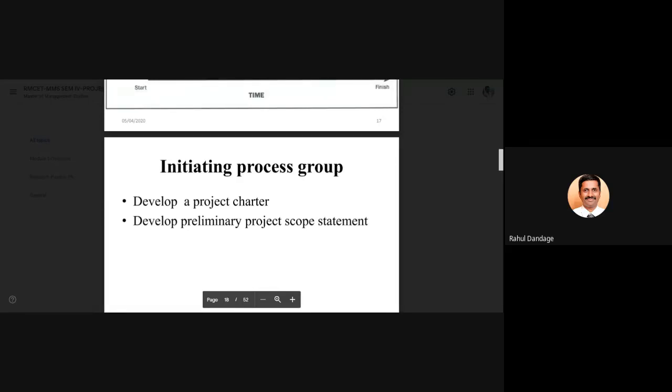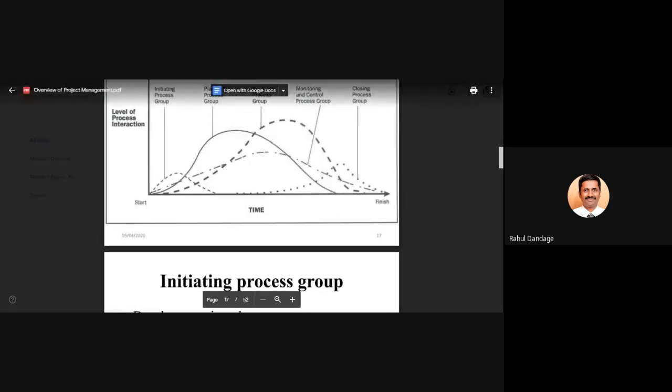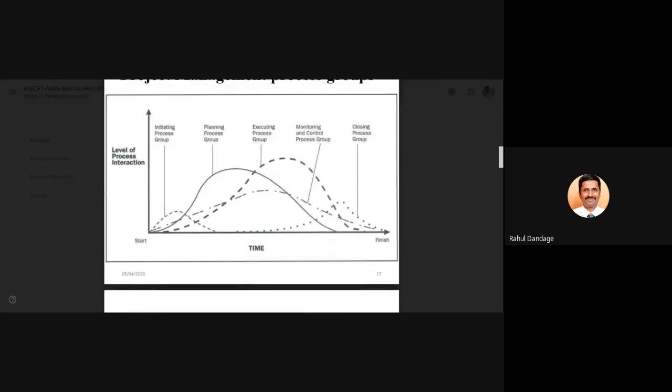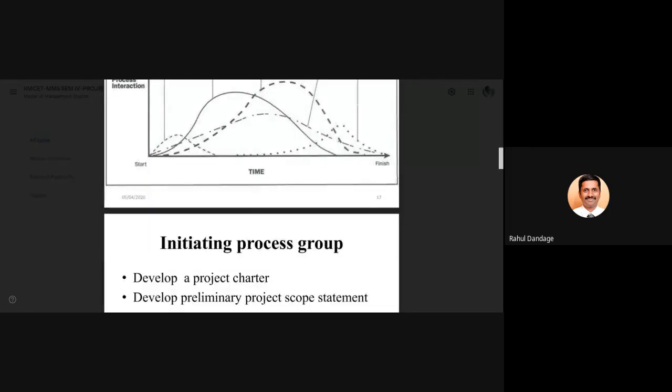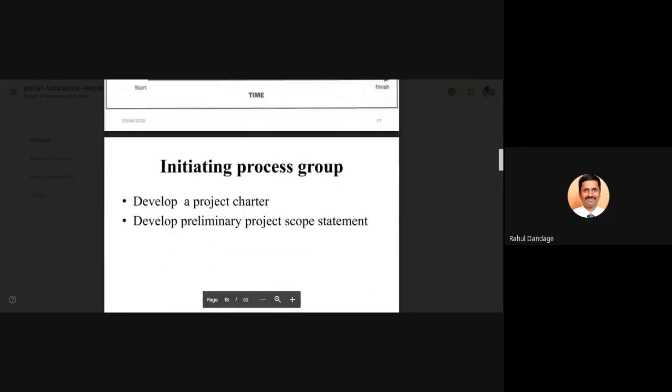Let us take the first process group, that is initiating process group. There are two processes involved: develop a project charter, and secondly, develop preliminary project scope statement.